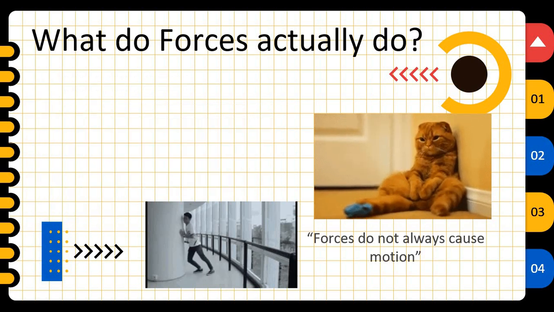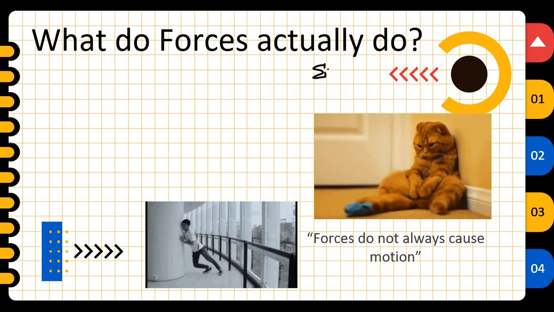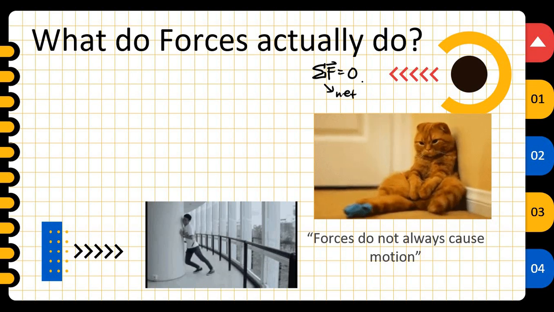Which means that in these systems, the net force is equal to 0. Just like this one, the man pushing the pole, but to no avail, the pole isn't actually moving. By the way, the symbol that we use for the net force is the summation of F. The net force is actually the total force inside the system.